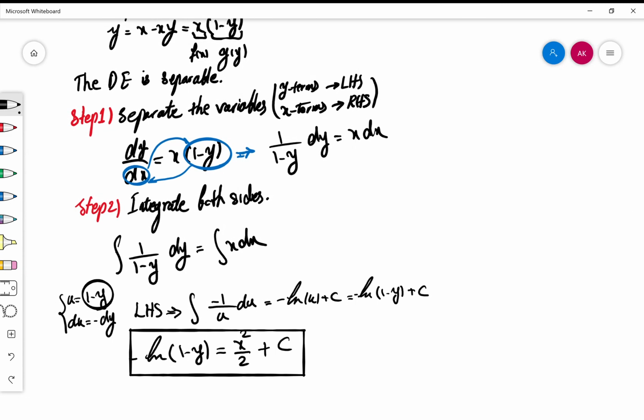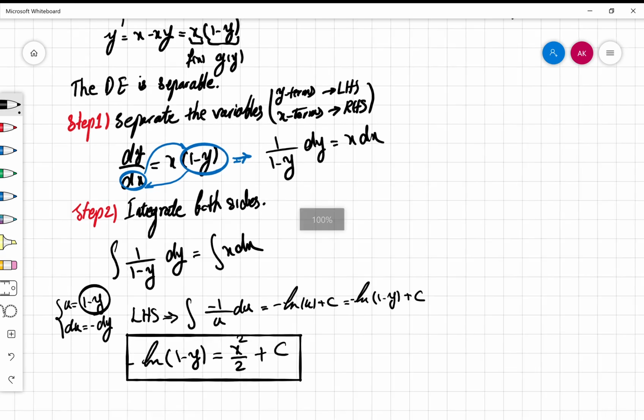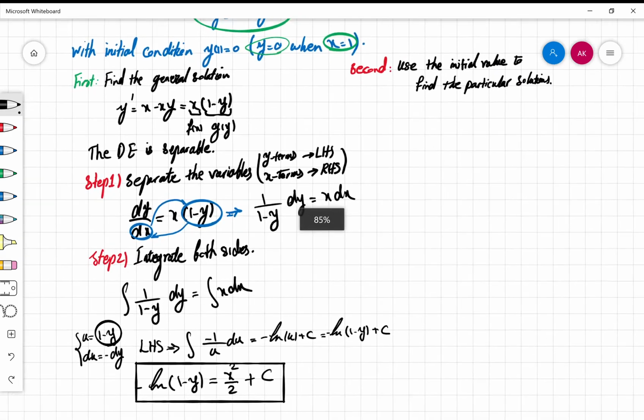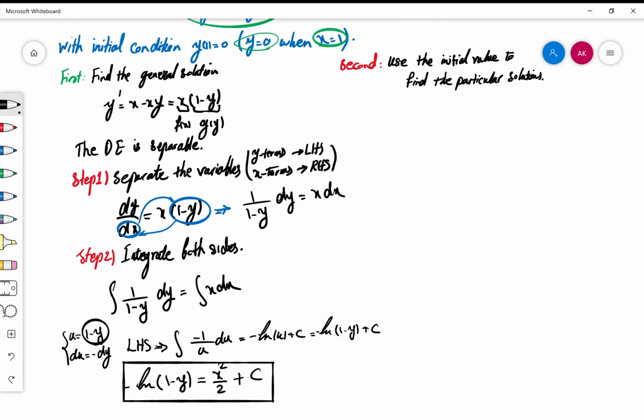Well, then let's do a little bit more. That's the first step. The second step is that we want to use the initial value. So we have minus ln of 1 minus y equals x squared over 2 plus c, and we are trying to apply the condition. The condition is y at 1 is 0.